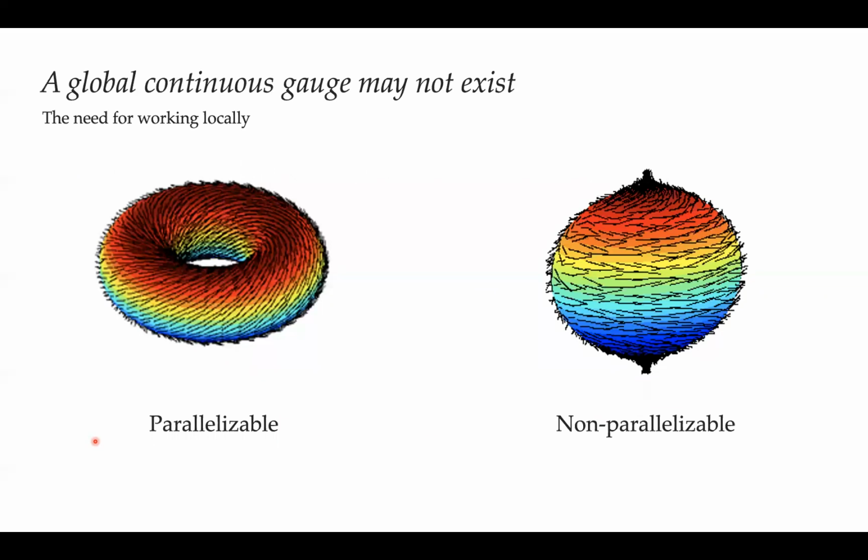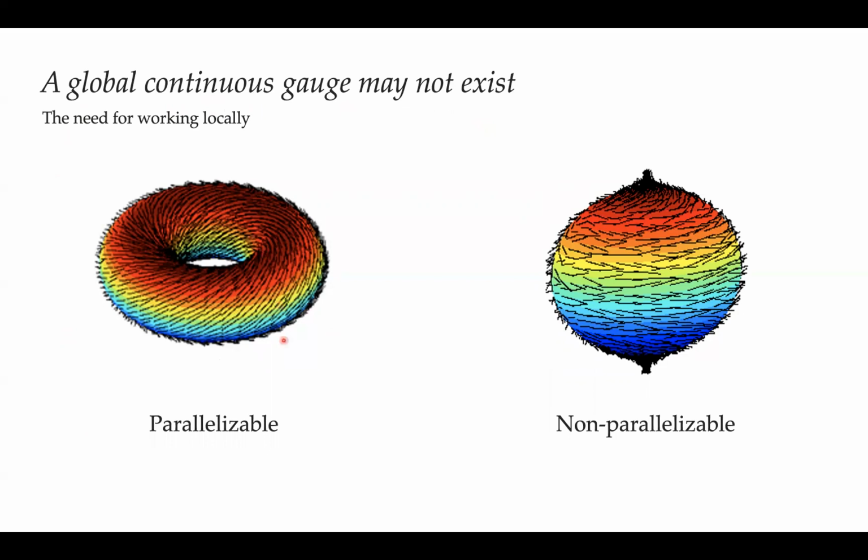So another thing to realize, again, Michael touched on this, is that a global, continuous, or smooth gauge may not exist. Here we have the donut, and this is a manifold that's parallelizable, meaning we can choose a smooth vector field that's defined everywhere, that doesn't have any singularities.